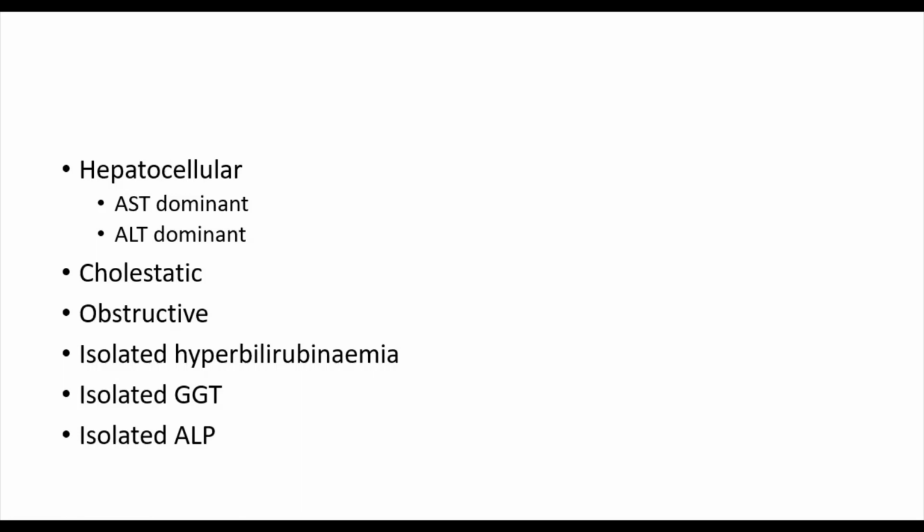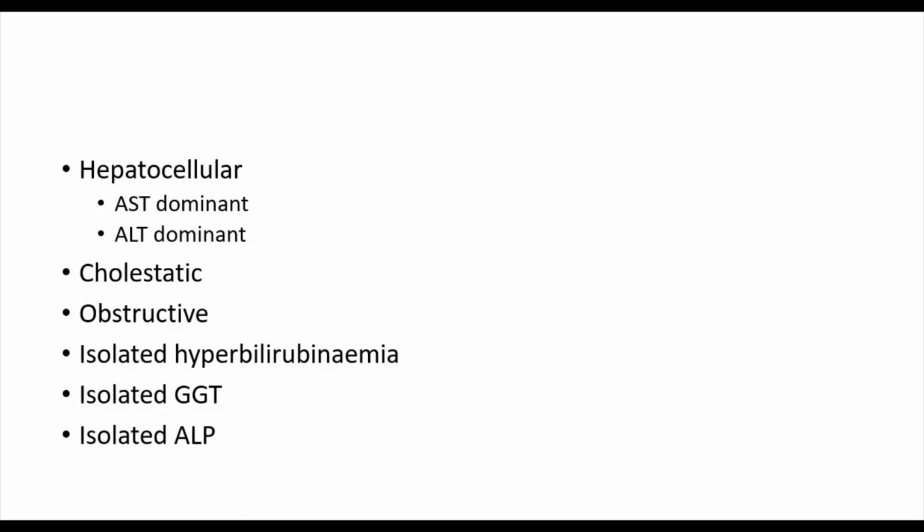And because essentially all of these etiologies result in the destruction of hepatocytes, they all result in an elevation of the ALT and AST. However, we can further narrow the differential diagnosis by looking at the relative elevations of AST compared to ALT, which is called the Ritis index or ratio, and is defined by the AST divided by the ALT as a ratio.